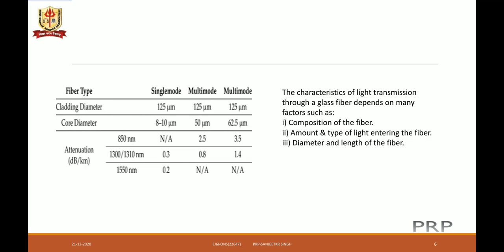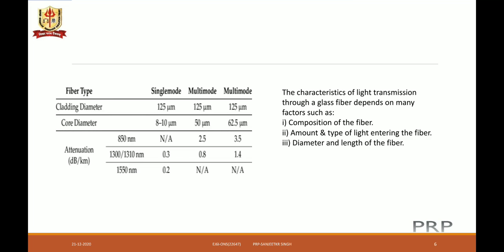Third, diameter and length of the fiber. So diameter, the thickness of the core and the cladding, particularly the core. When the diameter of the core is more, then it can receive the signal from the LED source easily, whereas in single mode, when the diameter is very small, there we require the laser as a source.